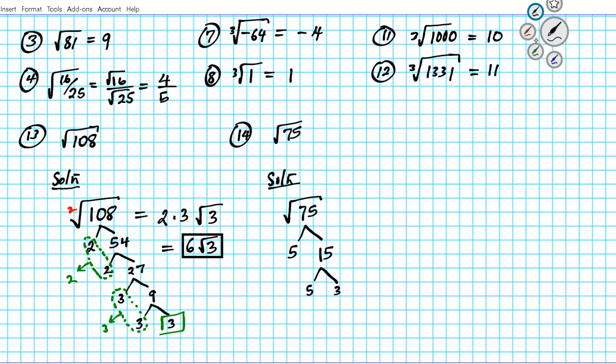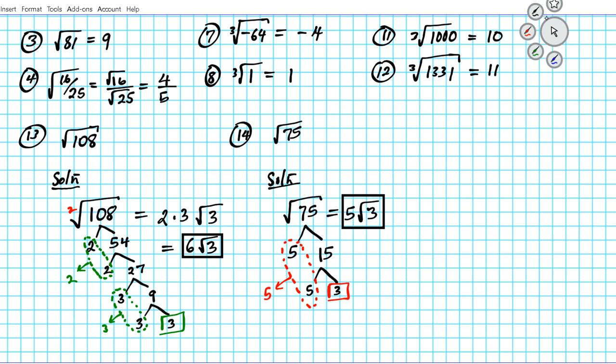So what repeats here? You notice that we have a perfect square here, 5 times 5. So the square root of 5 times 5 is just 5. So this pair breaks out as 5. And then this 3 stays behind. So your answer to the square root of 75 is the 5 that came out, root the 3 that didn't have a partner to break out with as the root of a perfect square.